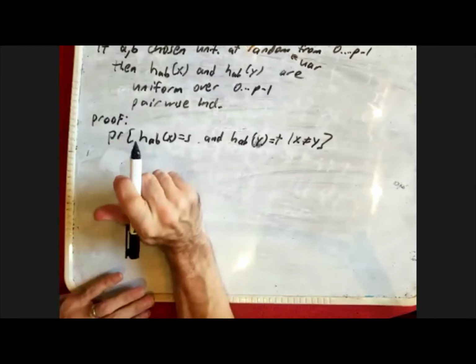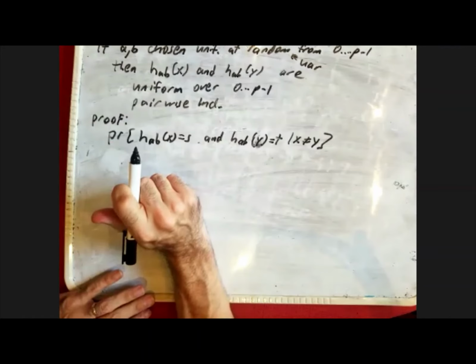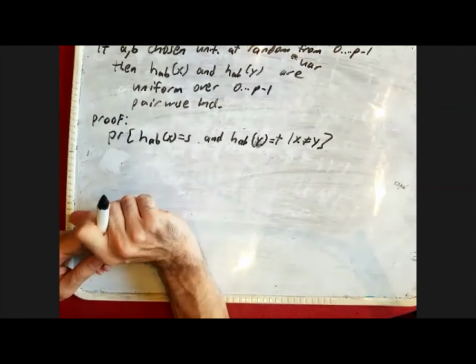But now we're not working with a... what was that? I have a quick question. Are S and T the same, or are they different values? It doesn't matter. They are any two values. So we should be more particular.